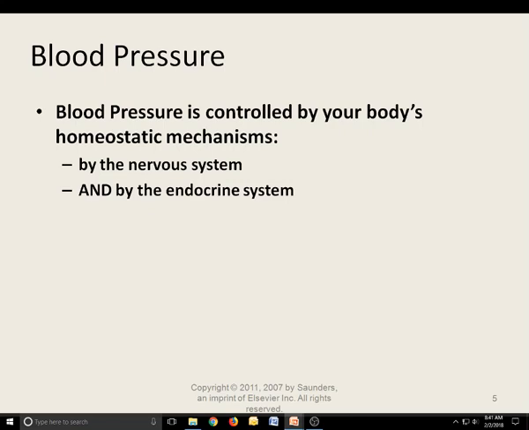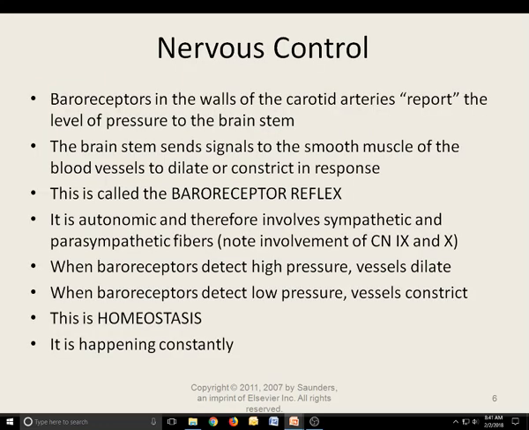There are two systems that control your body's blood pressure: the nervous system, which we've talked about extensively, and the endocrine system, which we also talked about extensively. We're going to talk about how each one controls blood pressure.